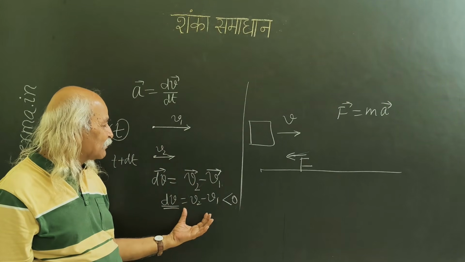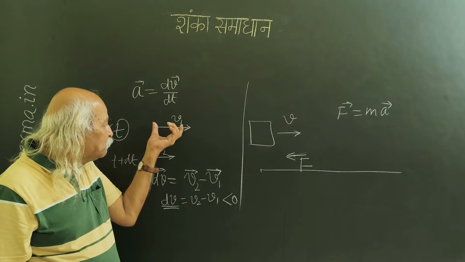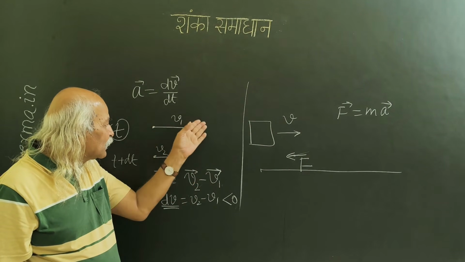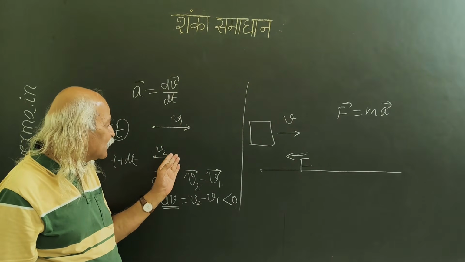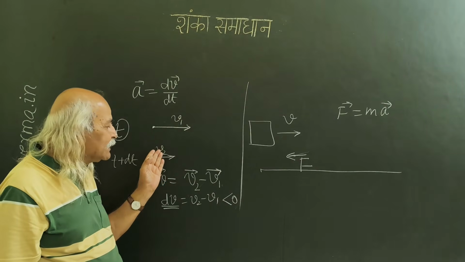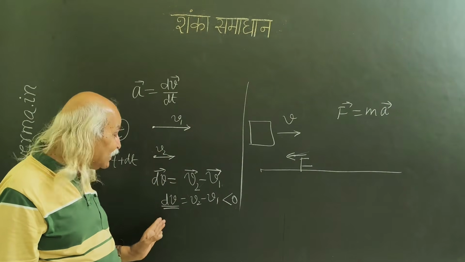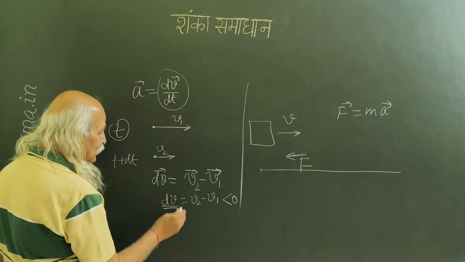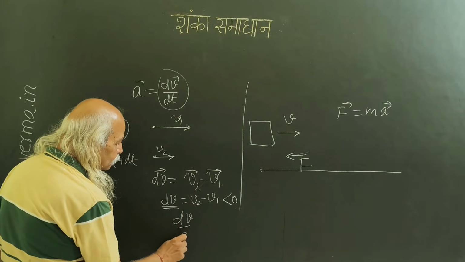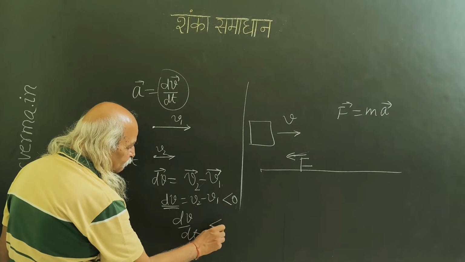So although velocity is in the forward direction, here also velocity is in the forward direction, the speed has decreased. But the acceleration, which is dv/dt, this dv/dt is negative.